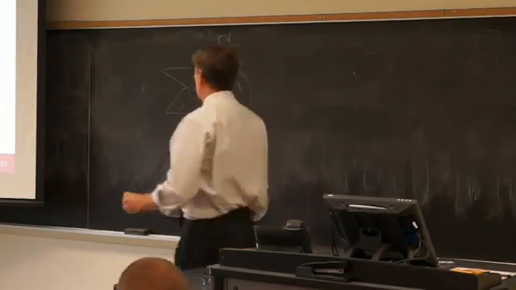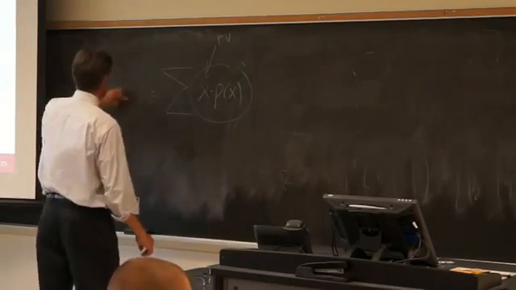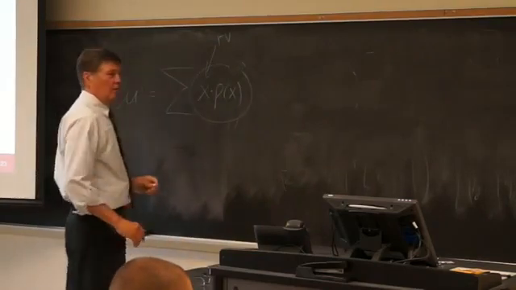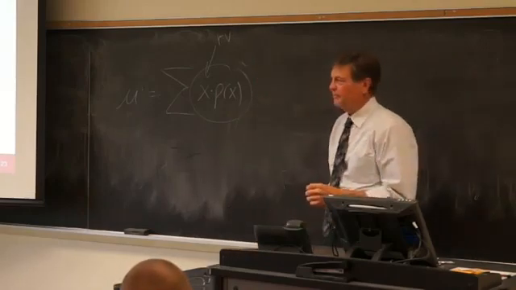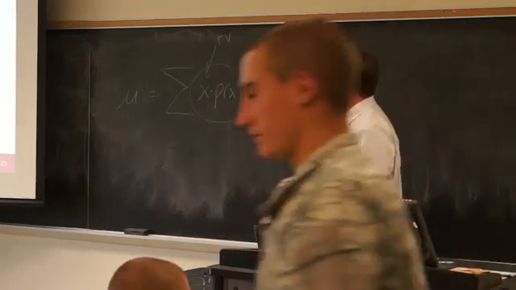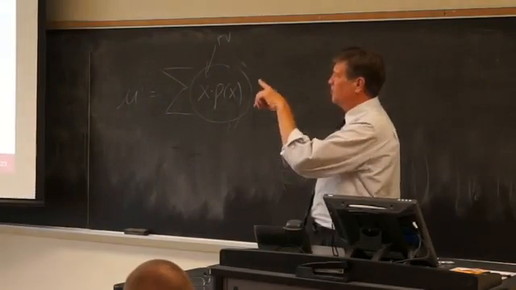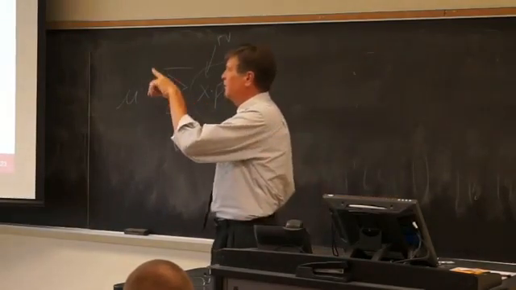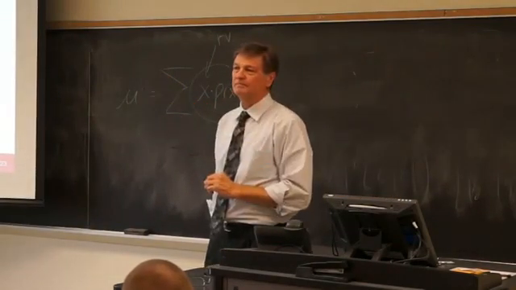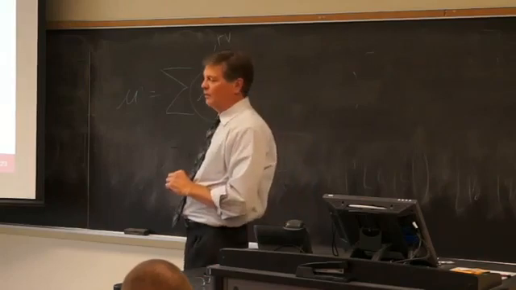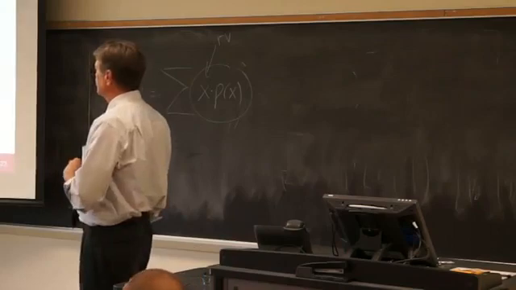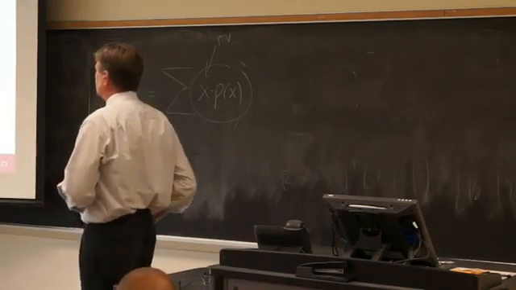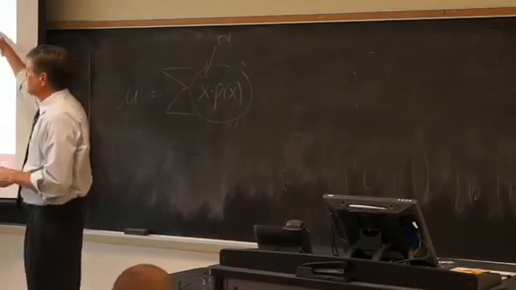I'm calling that my mean, or also the expectation. For our purposes, the expected value and the mean are synonyms. It's really just a matter of perspective or problem, but you calculate them the same way.